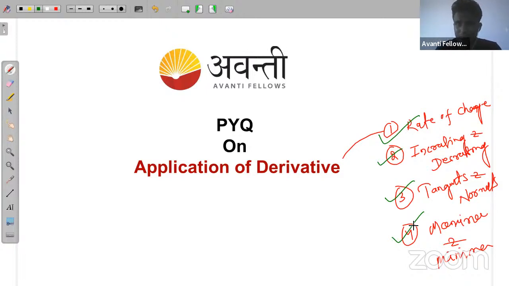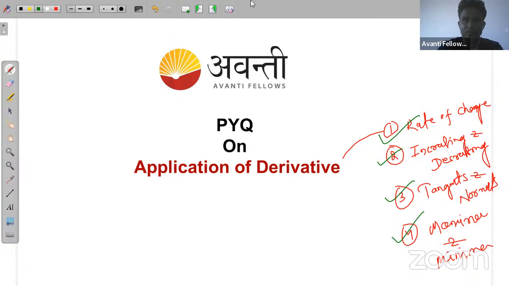If you want to solve application of derivative questions in the real JEE Advanced exam, then you have to be very clear on all these three or four broad topics. It won't work if you just read increasing and decreasing and go; you will not be able to solve the question correctly. That will be mixed concept. We'll see that in a while.